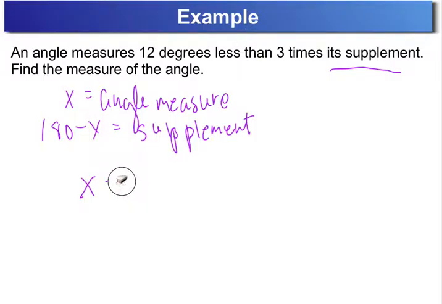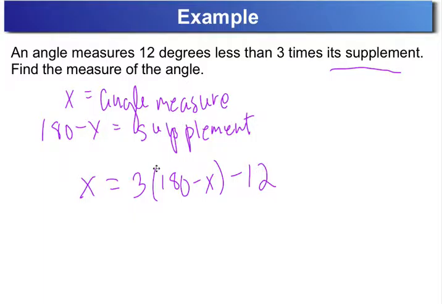Hold on. I was right the first time. Should not doubt myself. An angle measures 12 degrees less than 3 times its supplement. 3 times the supplement is 3 times the quantity, 180 minus x. 12 degrees less than that, I have to subtract the 12.